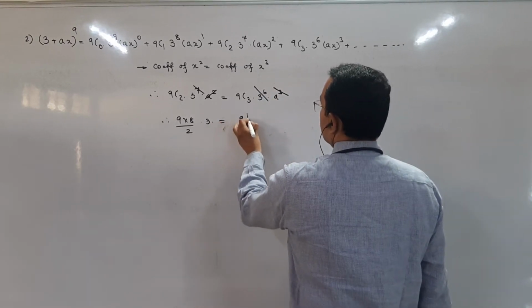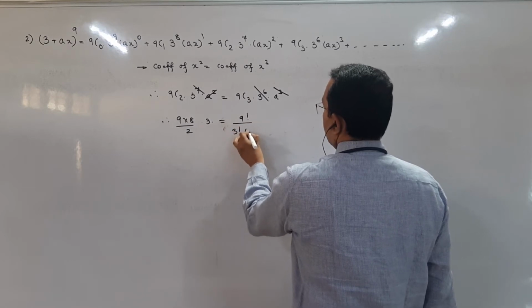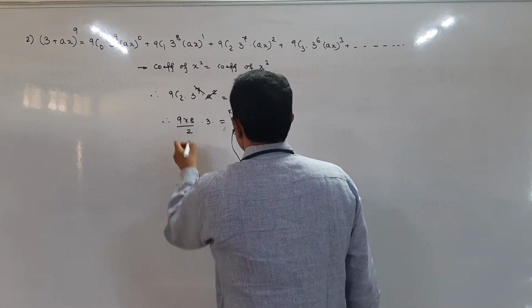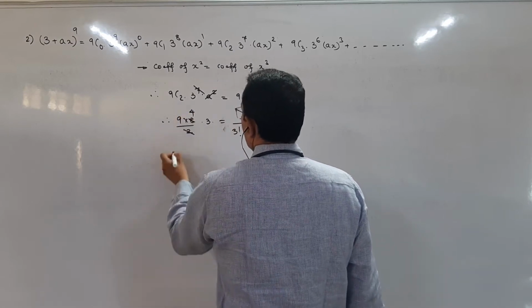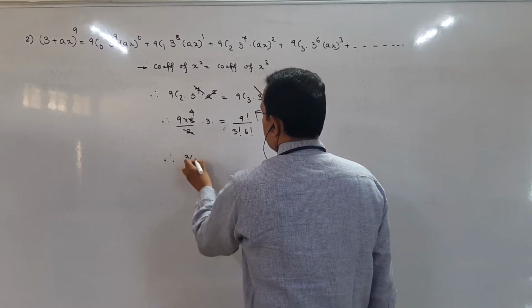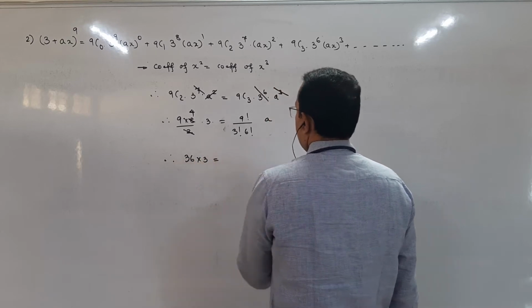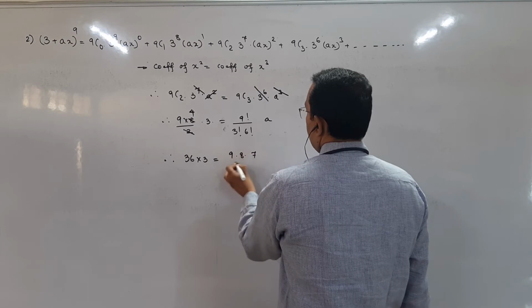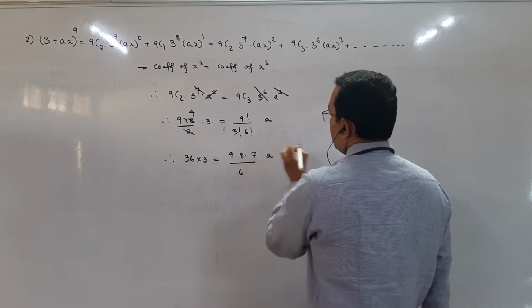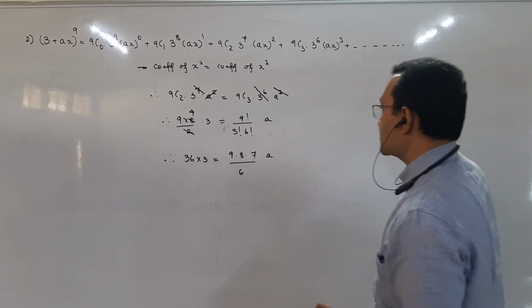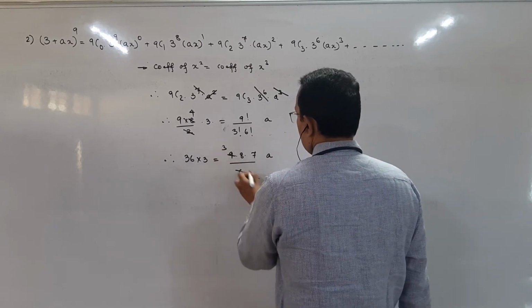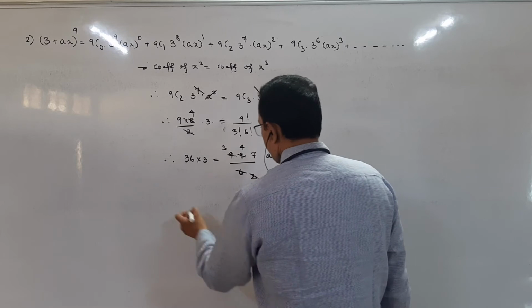9c3 will be 9 factorial upon 3 factorial into 6 factorial into 8. So 9, 8, 7 upon 6 into 8, 6 gets cancelled. 3 2s are 6, 3 3s are 9, 2 2s are 4.